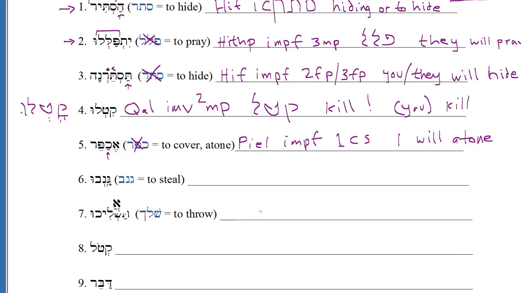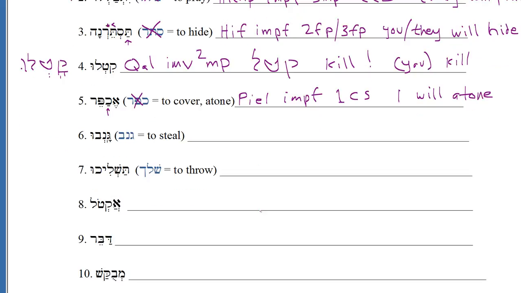Alright, let's move things up a little bit so we're more in the middle of the page here. We have number 6, ganavu. Alright, this looks a lot like the one we just mentioned up here under number 4, katalu. Kind of gives it away, but ganavu in this case, we have the comets under the first root letter, and this is just simply our cal perfect third common plural.